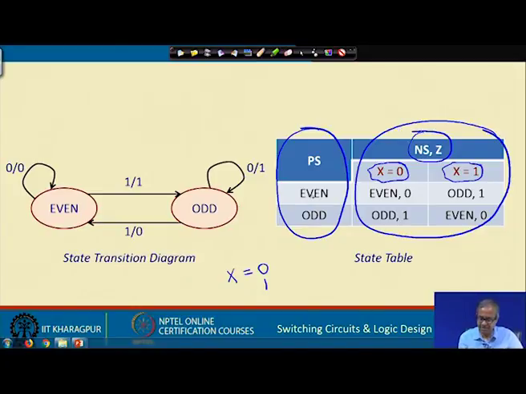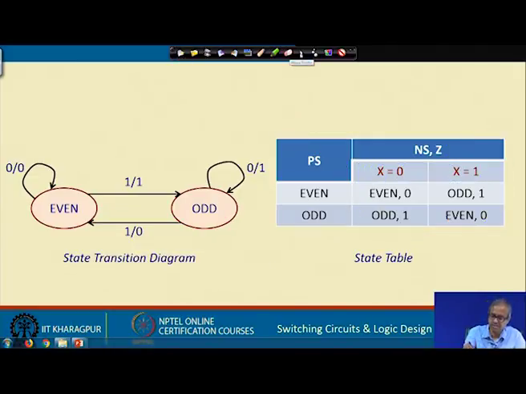So, if you are in even, let us say here, if x is 0, then you remain in even and the output is 0, that means this edge. If the input is 1, you go to odd with output 1, it means this edge. So, like this for all the edges you can see the entries, right. This is actually quite easy to construct.